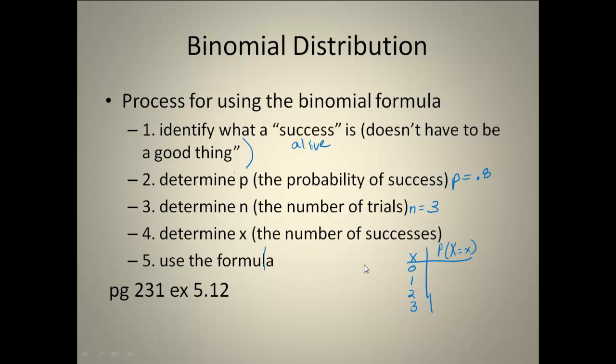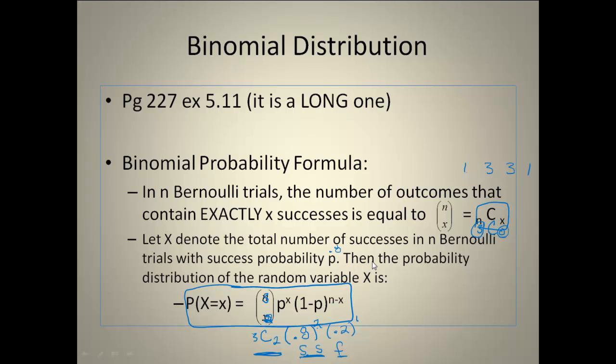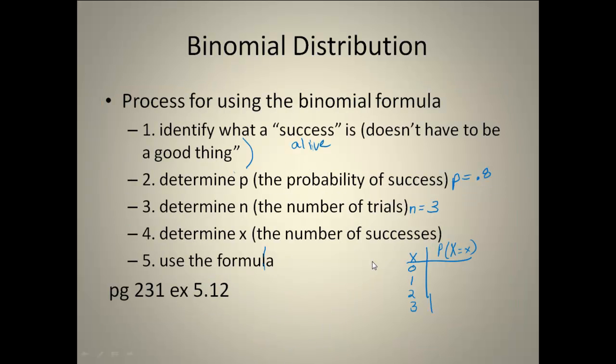Now when I look at my formula here, I don't need to go back there. We're going to go ahead and just start filling in the blanks. So for 0 people, we would have 3 choose 0 times the probability, so 0.8 raised to the 0 because that's how many I'm interested in, and then times 0.2 raised to the x minus 0.